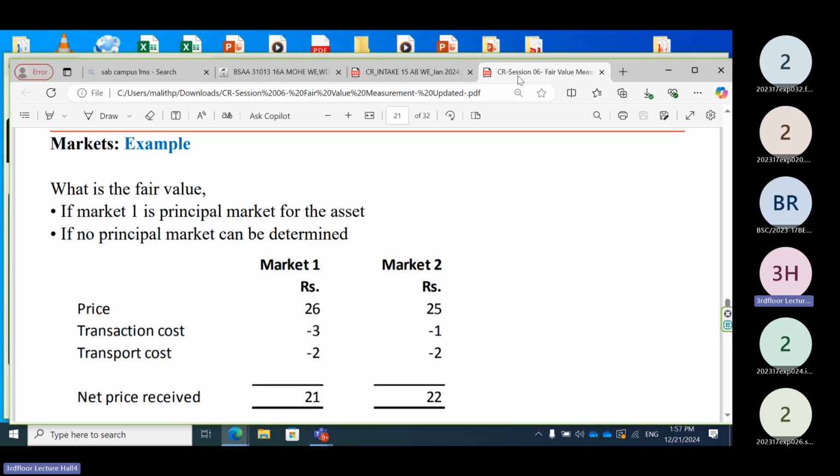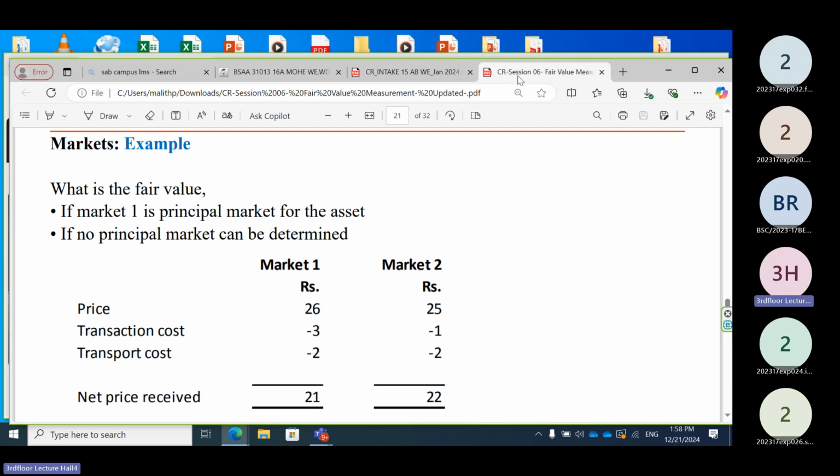Calculate the fair value. So, first thing, the principal market for the asset.